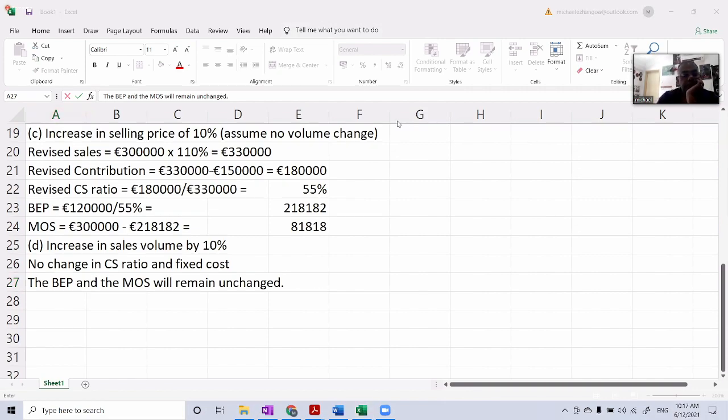Can you follow? There shouldn't be any change in the break-even point or in the margin of safety. All right. Okay. Now, the break-even point doesn't change. Margin of safety won't change either.